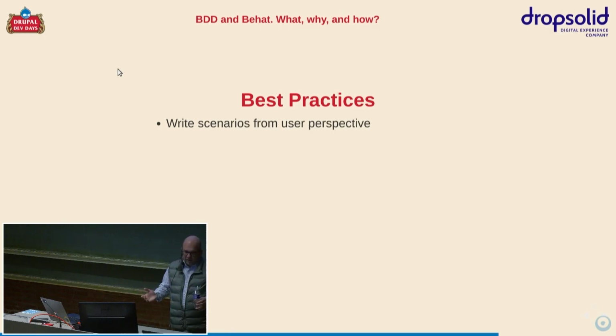One thing that seems simple, but is hard to follow, is to write scenarios from the user perspective. If you write the application, if you write some functionality, you're too intimate with your code. You know too much about it. That's why, if it's possible to add actual stakeholders into the loop, that's the best outcome.